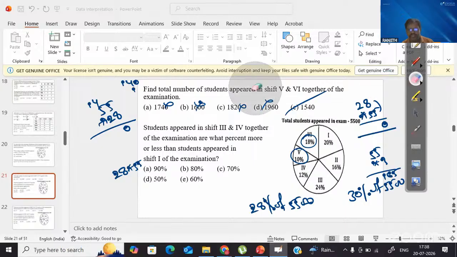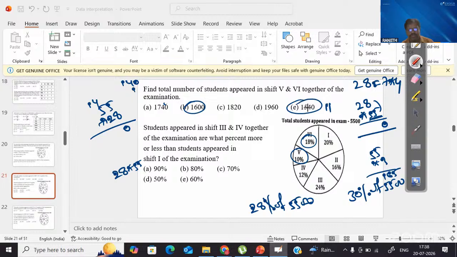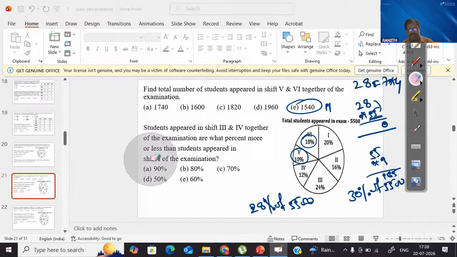And also we can say that 28 is a multiple of 7 table. 55 is a multiple of 11 table. Out of 1600 and 1540, which is the 7 multiple and 11 multiple will be only one option. So the answer will be equal to 1540.